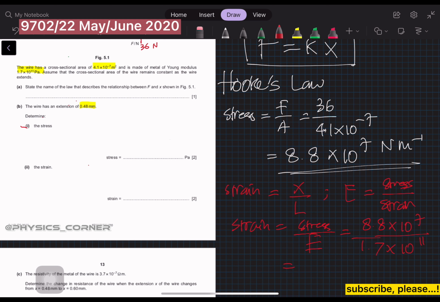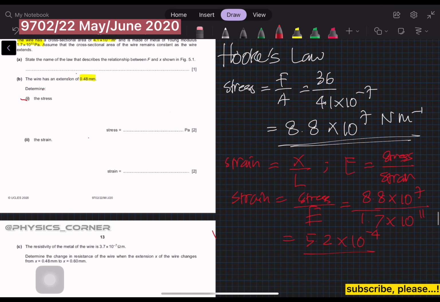It's about 5.2 times 10 to the power negative 4, without unit. So the strain is 5.2 times 10 to the power negative 4. Okay, done.